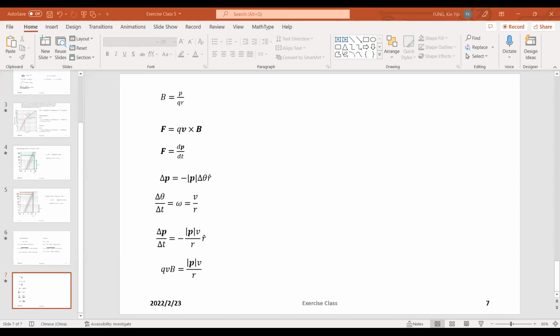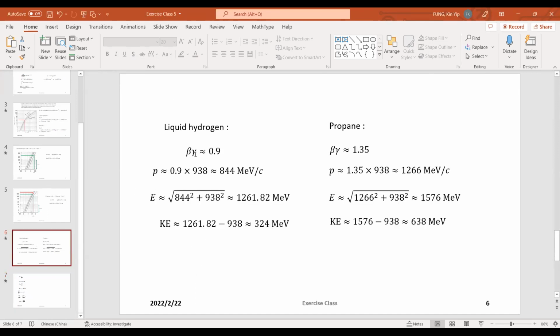The last question, why P equals beta gamma? Okay, so we are talking about this. Because let me see.